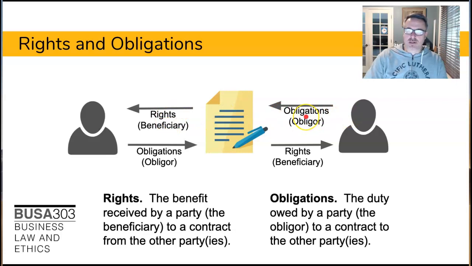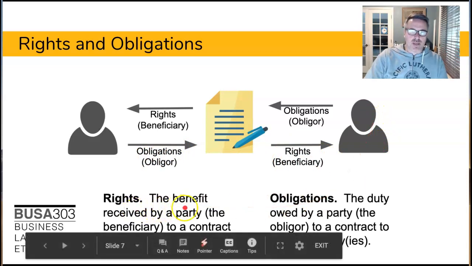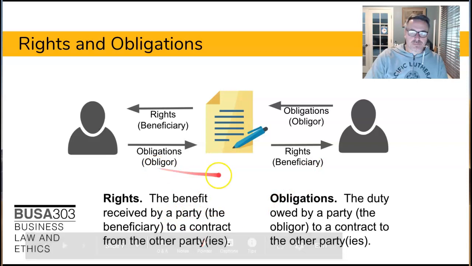And in most contracts, there are obligations in both directions. So this party will have the rights associated with this obligation, but will also have obligations which will create a right for this party. A right we have defined here as the benefit received by a party who's the beneficiary to a contract from the obligor.